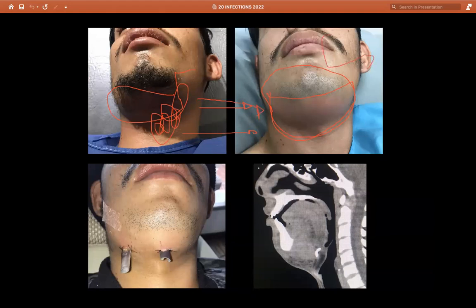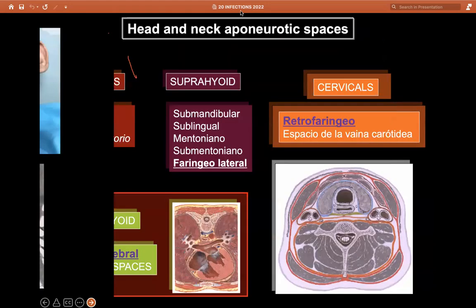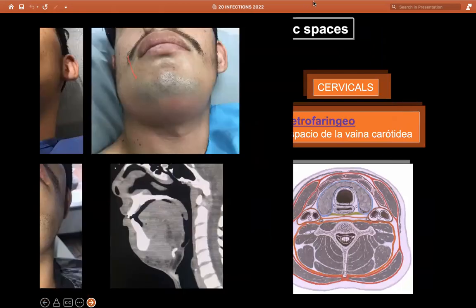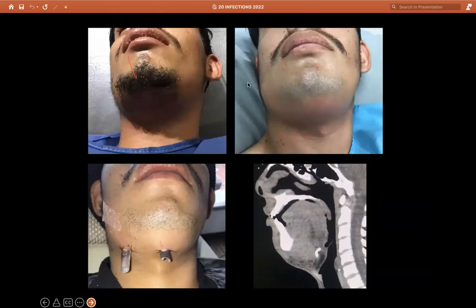So I'm sorry that I don't have the actual surgical video of it, but what we did was we did 2 cuts. We did a cut looking for the submandibular space, and the other cut through the sublingual space. And we took the tooth of the infection that was around here. I'm going to try for next time to show you the panoramic x-rays.